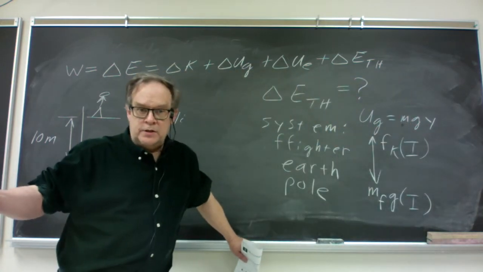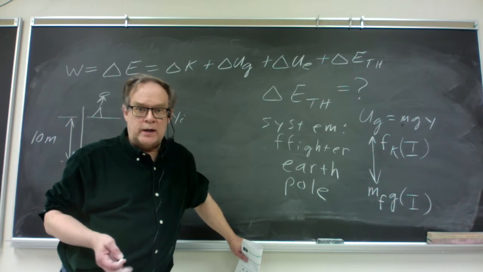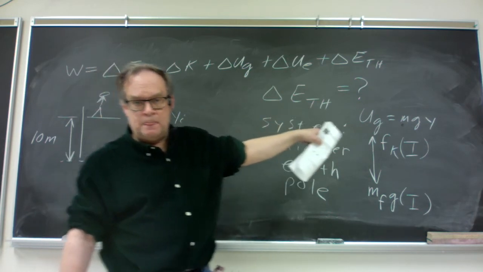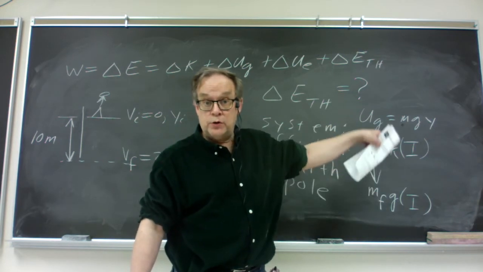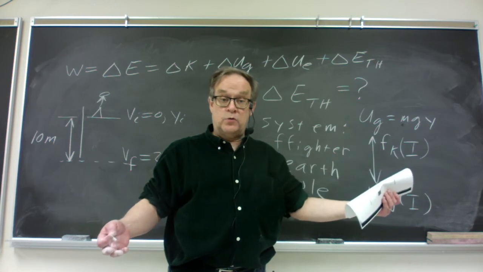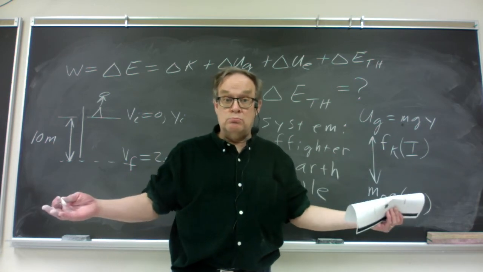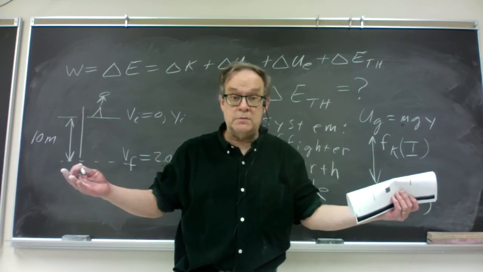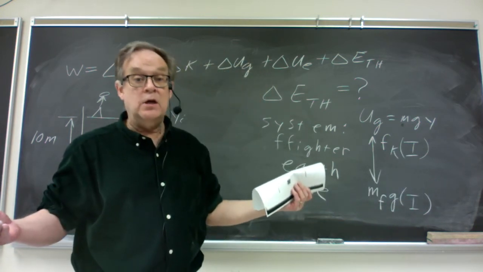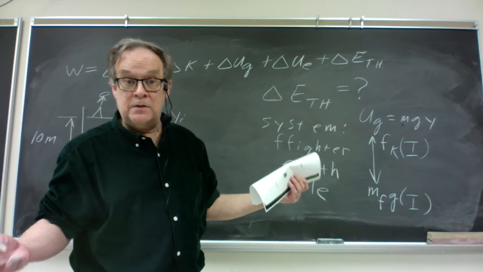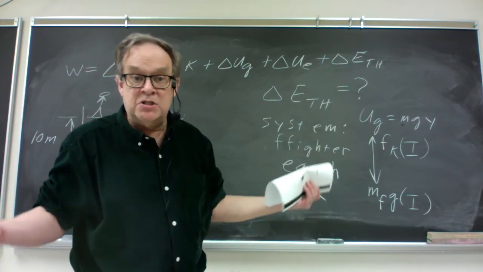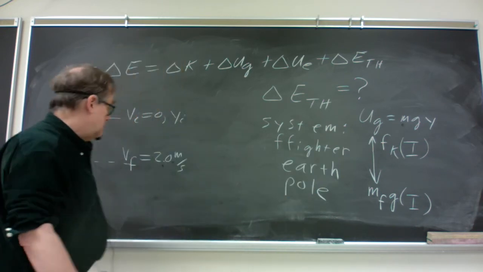Now here's the important consequence of all that. In this case, because of the way we defined the system, all the forces turn out to be internal forces. And when all the forces are internal forces, of course, that means there is no such thing as an external force in this case. So, obviously, the net work done by all the external forces has to be zero, because there are no external forces.